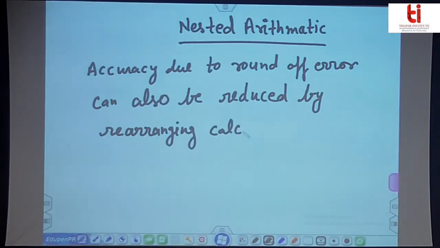That means, suppose we have to find the value of a function at some point and we want an accurate result. Due to round-off error, we are not able to get a proper result. In that case, we can rearrange our function in such a way that the accuracy increases. Okay, the best example we can see is in polynomials.